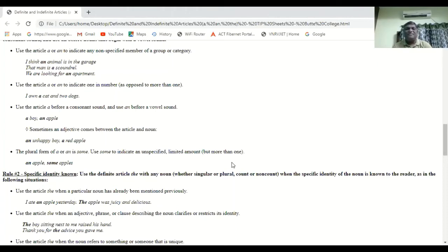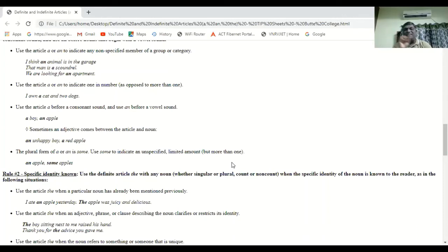Understand? And for example, suppose it is like this: red, an apple. Now between an and apple, red has come. Now your article will change because red is consonant. You will change an to a: a red apple.